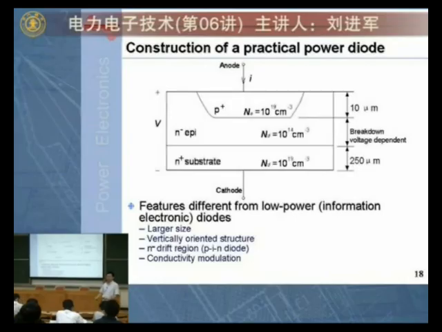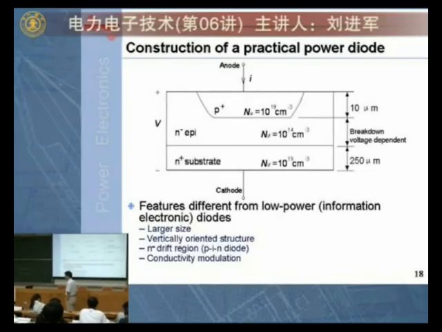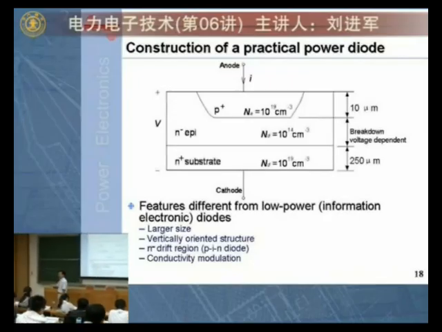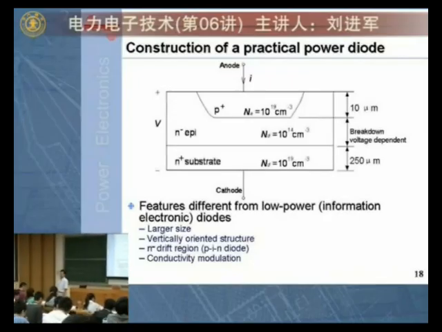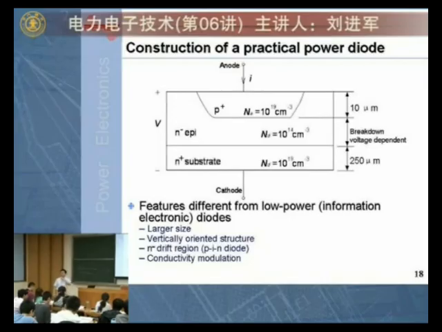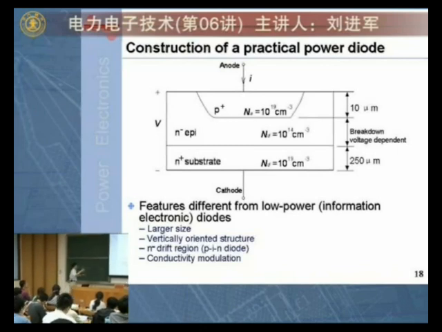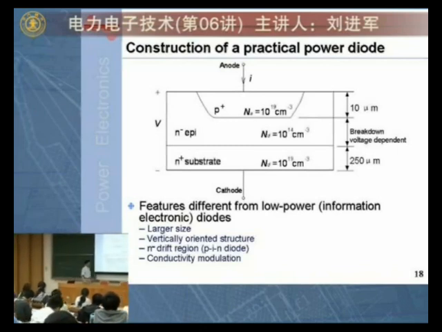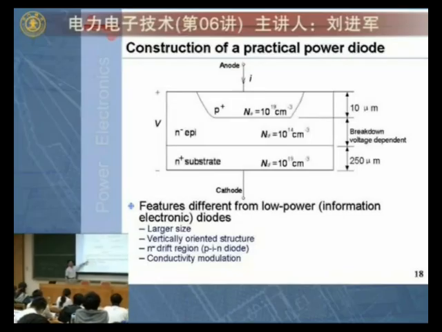Then in the forward direction, how can we have this intrinsic layer allow very high current to flow through? And that's the problem. So on one side, increasing the thickness of the intrinsic layer, you get higher ability to handle large voltage, but how do we handle the current when you need the diode to be conducting?